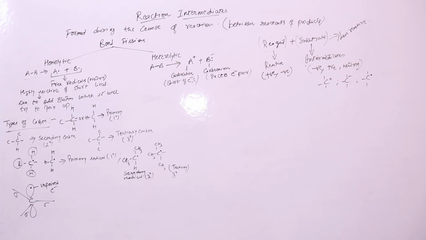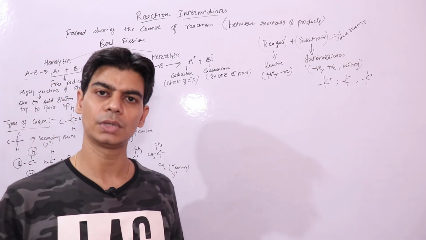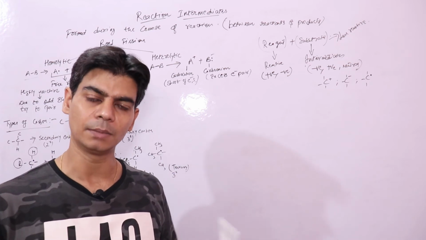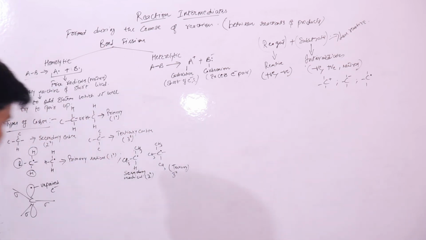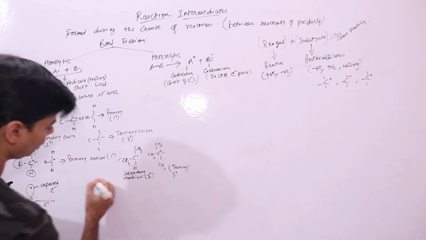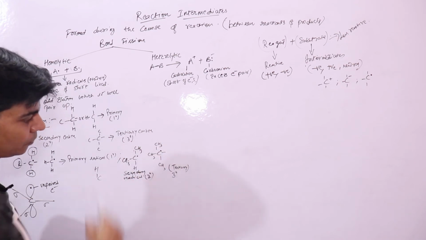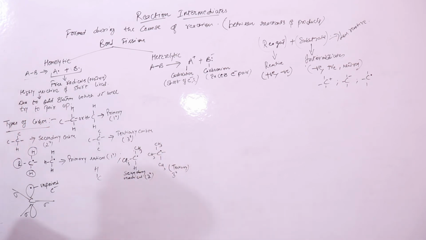If you remember, the more the number of CH bonds, the more hyperconjugative structures, and more hyperconjugative structures means more stability. So here you have maximum CH bonds in tertiary free radicals. So tertiary free radicals have maximum stability.